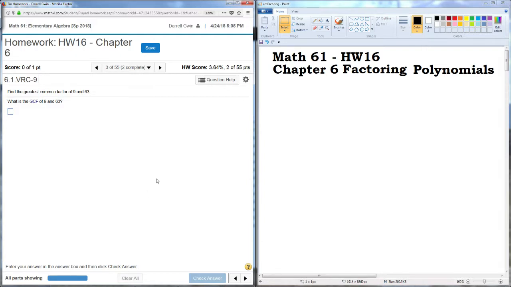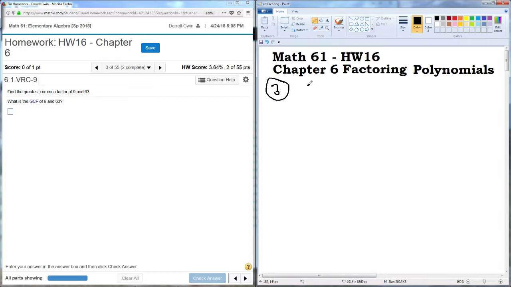Find the greatest common factor of 9 and 63. Okay, so we are on number 3. We're trying to find the GCF of 9 and 63. So right away the GCF is 63 because 9 goes into 63.